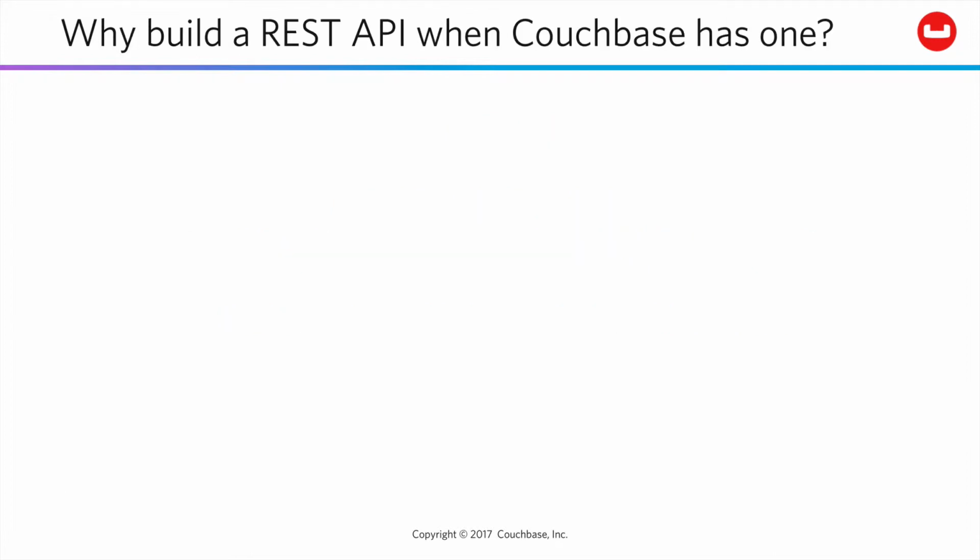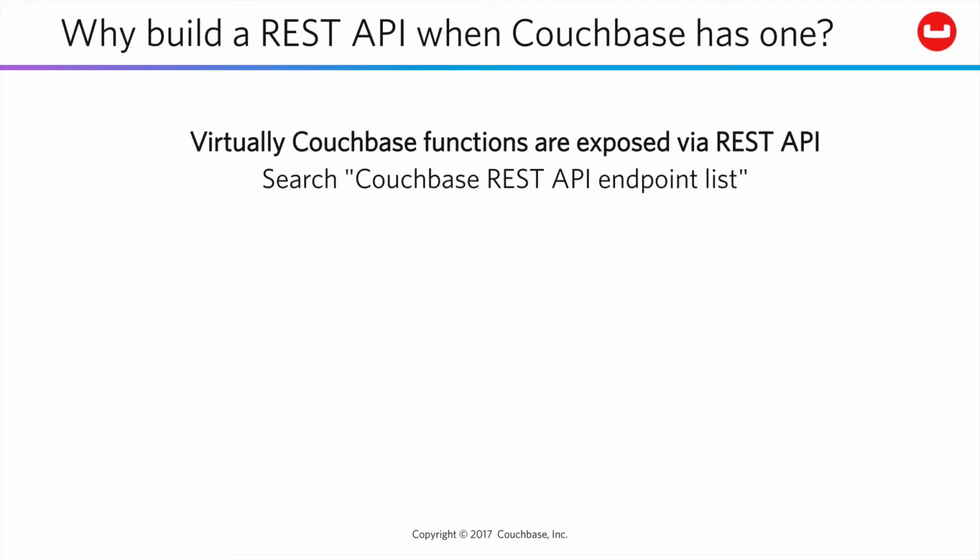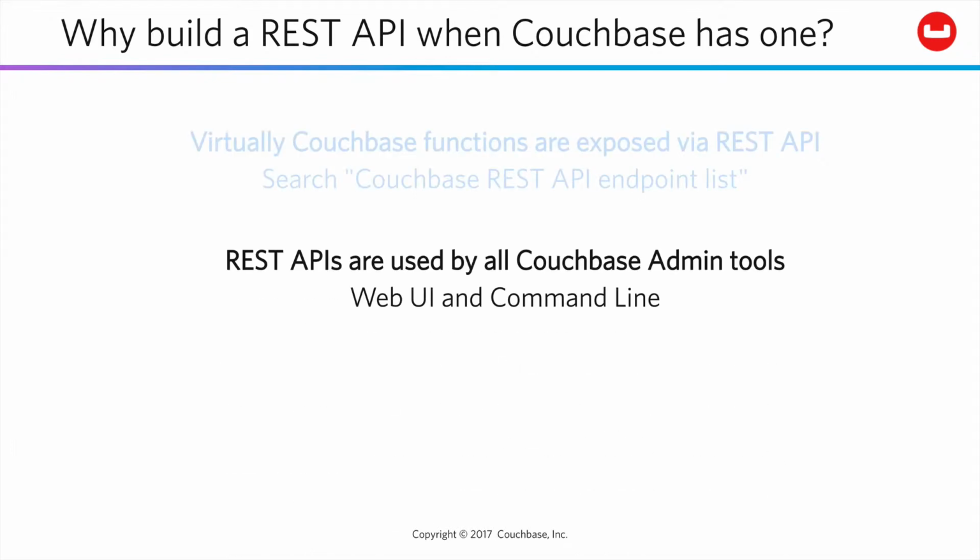So it's a good upfront question, why build a REST API when Couchbase already has one? Because it does. Virtually all Couchbase functions are exposed out of the box via REST. Just search for the Couchbase REST API endpoint list for the documentation. These APIs are used by all Couchbase administrative tools, both through the web UI and on the command line.